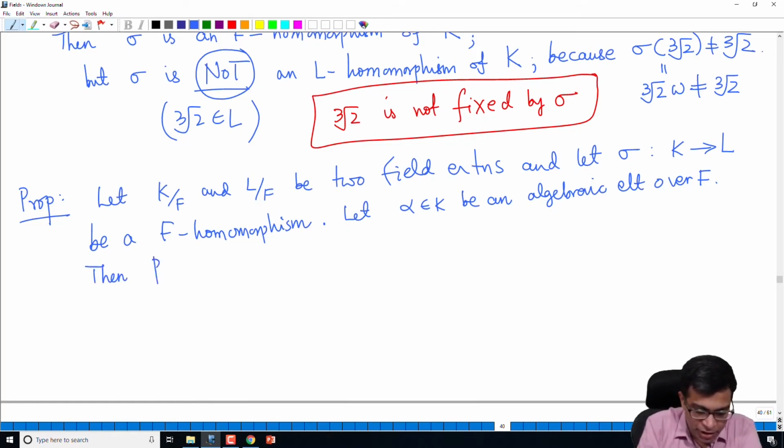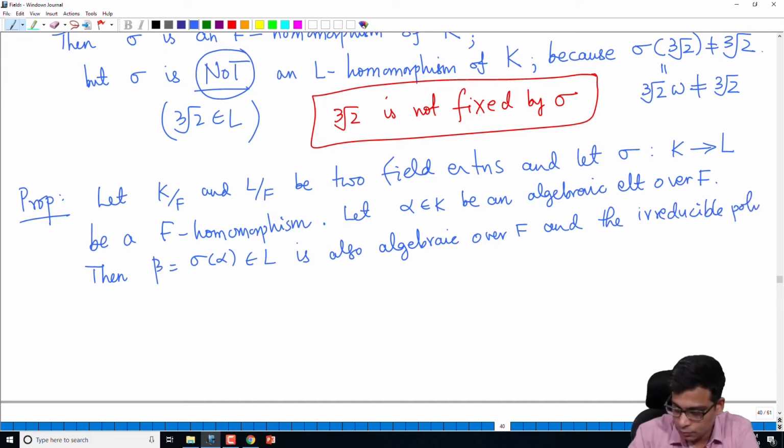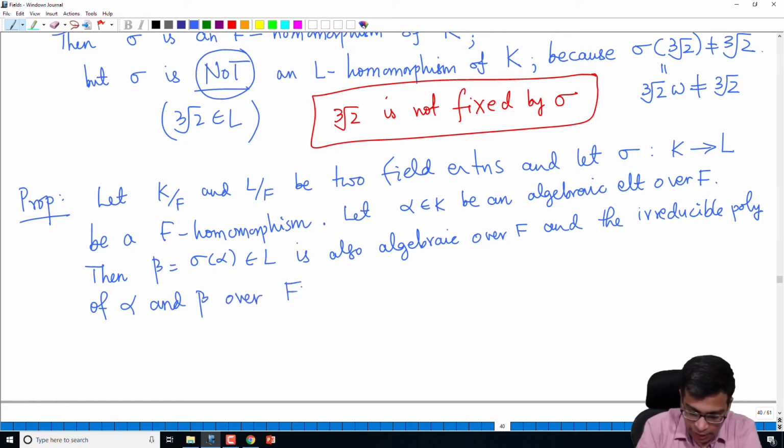Then beta, which is sigma alpha and which is in L, is also algebraic over F. So the image of an algebraic element is algebraic, and moreover the irreducible polynomials of alpha and beta over capital F are the same.